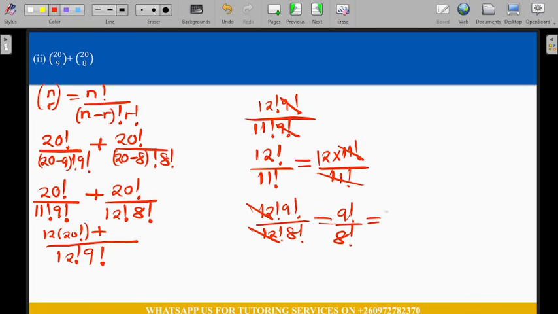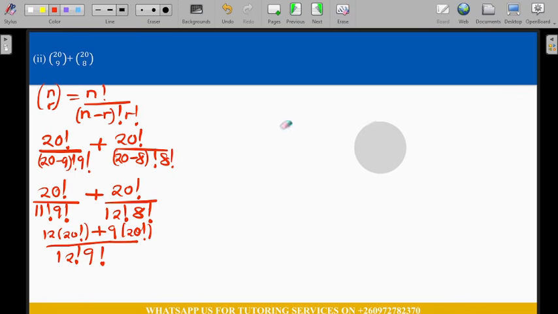So we need to evaluate this by reducing 9 up to 8. It will be 9 times 8 factorial over 8 factorial. 8 factorial and 8 factorial cancel. We have 9, times 20 factorial. So this is what we have.